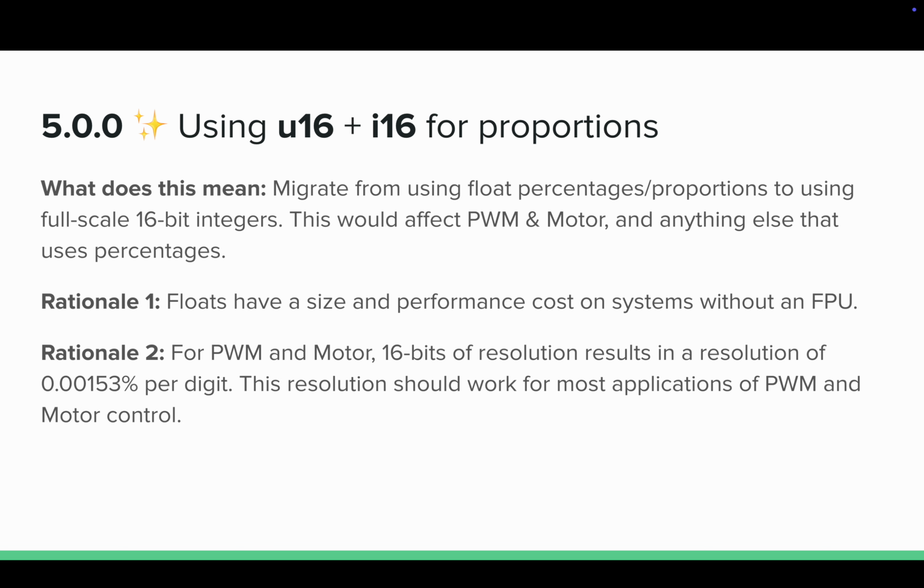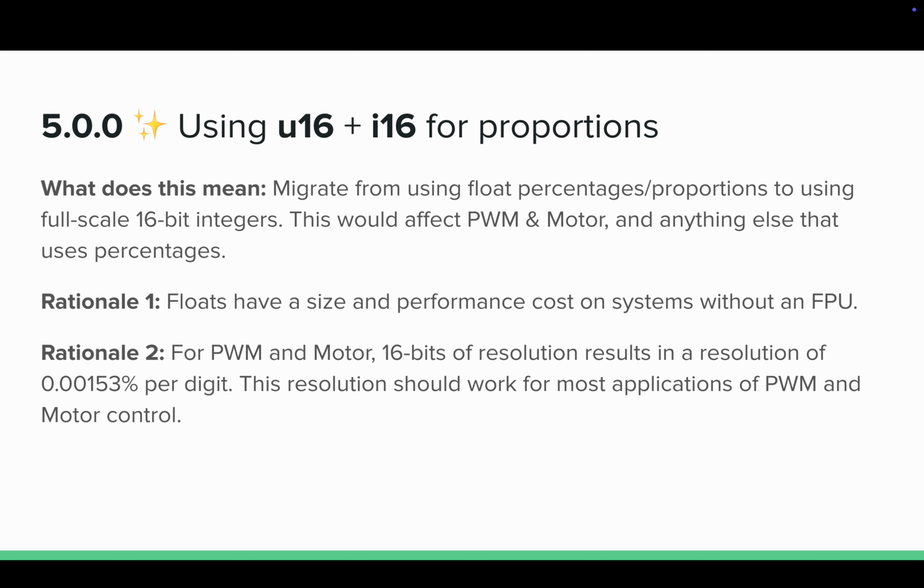I've kind of flip-flopped on this, but it's less of a flip-flop and more that I'm becoming more focused on what things should have floats and what things should not have floats. And I think that percentages and proportions should not use floats. Currently throughout our code base, we use the float 0 to 1.0 or -1 to 1.0. After thinking about it, I realized that if we use the full scale of N16, that's still a pretty good amount of precision.